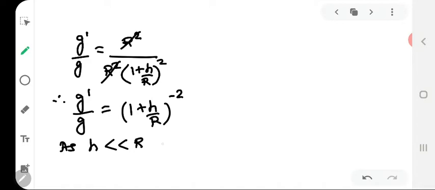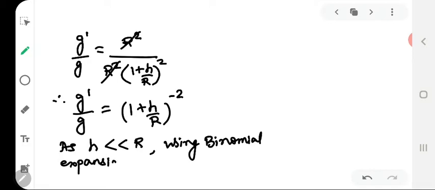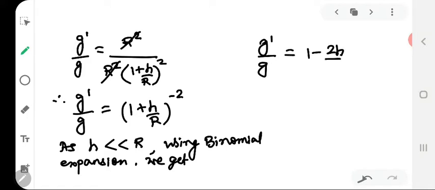So using binomial expansion, we can get g dash by g to be equal to 1 minus 2h by r. We have ignored the terms containing higher powers of h by r.